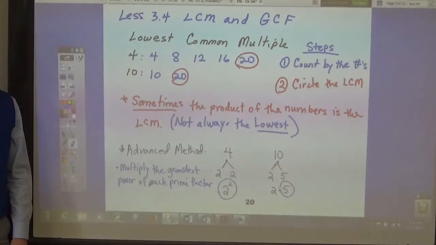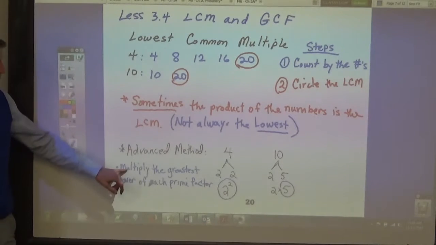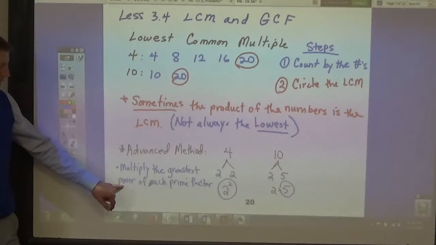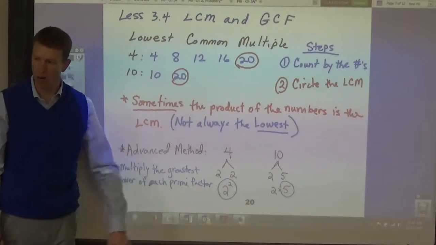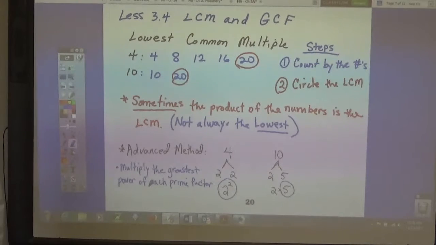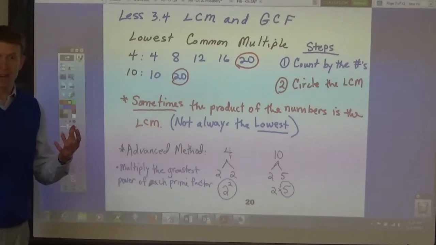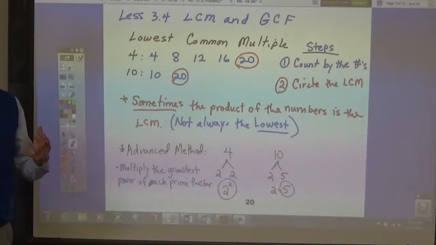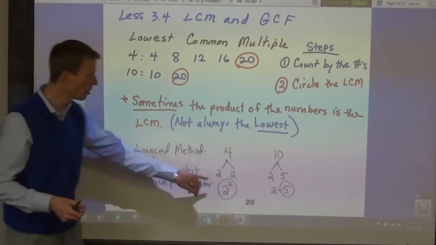Okay? Greatest power of each factor. Multiply the greatest power of each prime factor. So first you have to find all the prime factors, and then just multiply them together.